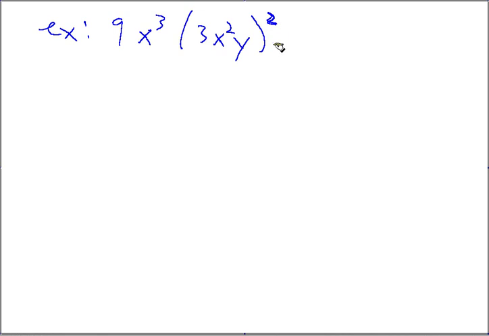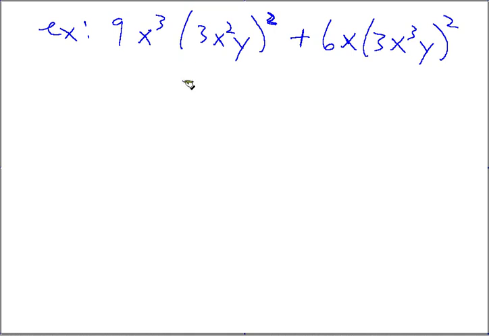Okay, and minus 6x. Let's make it plus. Let's change this problem. Let's make it plus 6x. So let's do an addition problem here. So plus 6x times the quantity 3x cubed y squared. Okay, let's try that one.